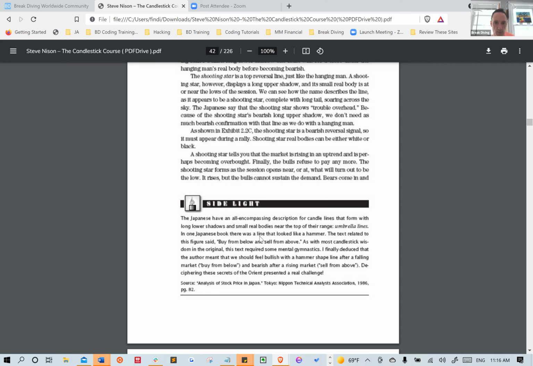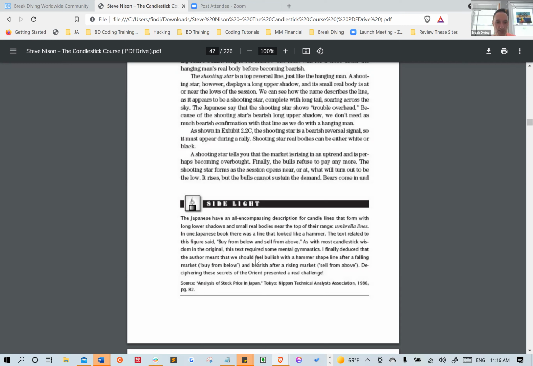In one Japanese book, there was a line that looked like a hammer. The text related to this figure said, "Buy from below and sell from above." As with most candlestick wisdom in the original, this text required some mental gymnastics.